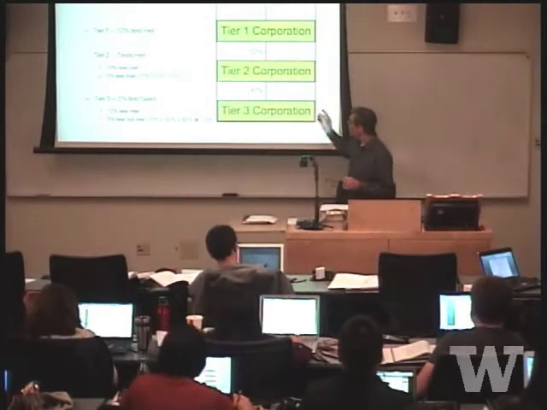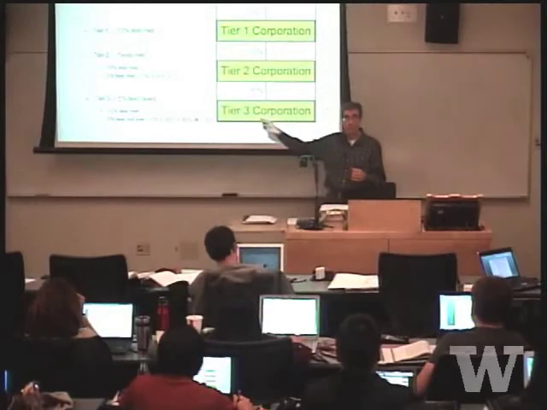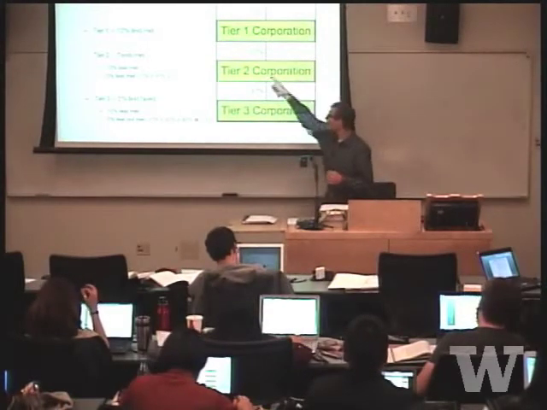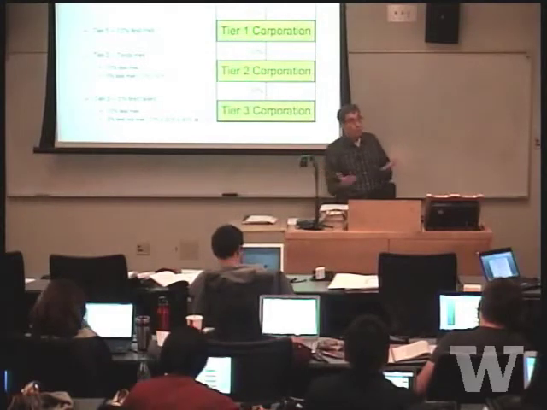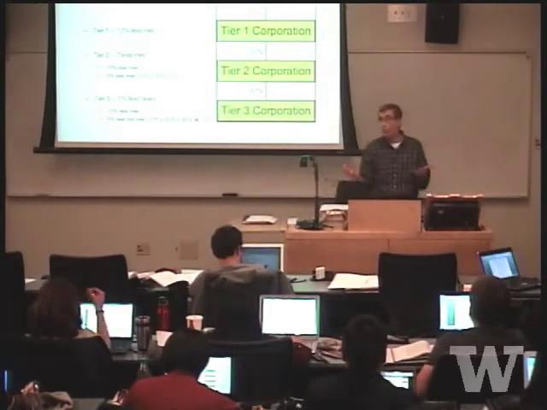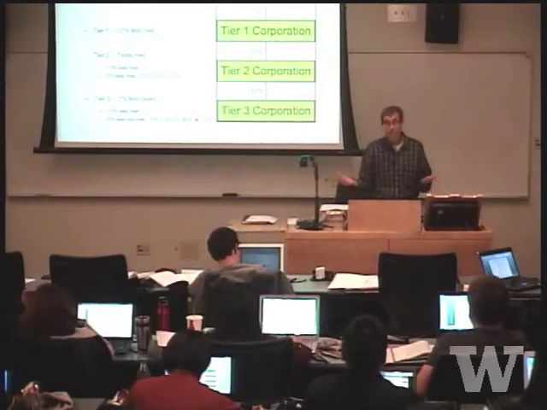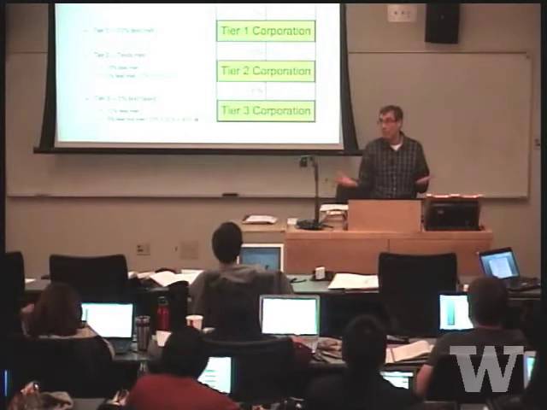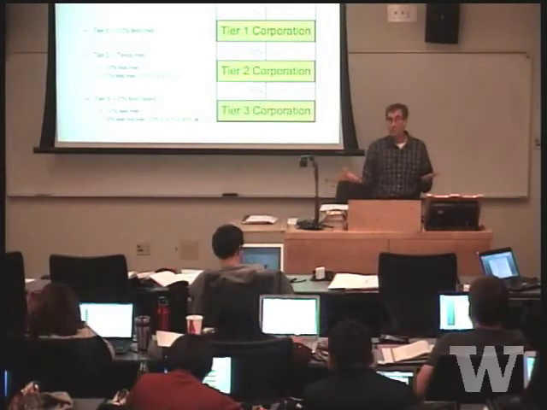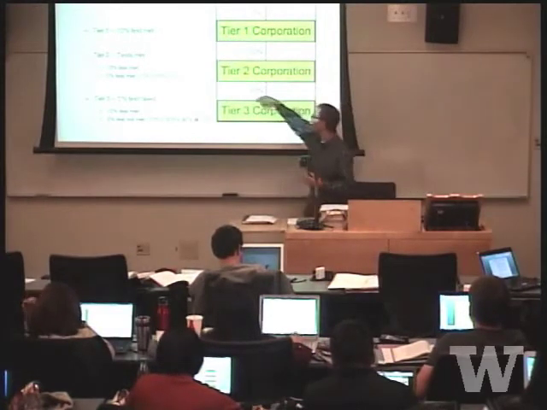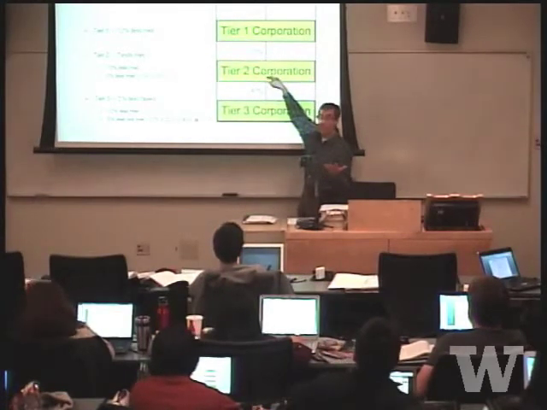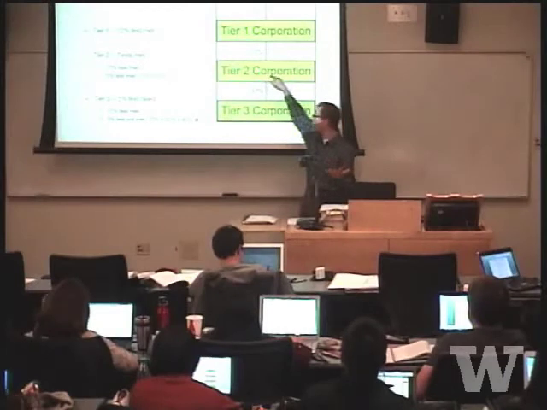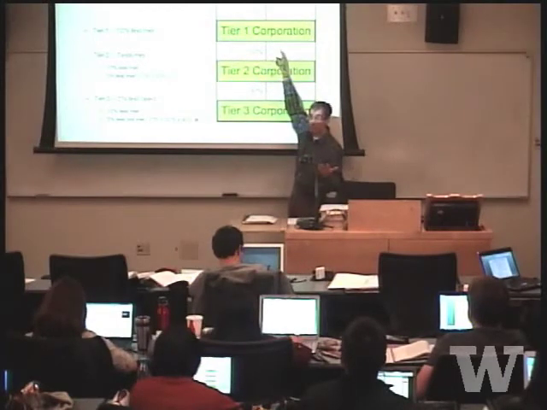And again, why are we looking at this? Because the Tier 3 corporation, the Tier 2 corporation, and the Tier 1 corporation are presumably in their countries of incorporation and operation conducting activities and paying income taxes in those countries. Each one may at some point in the future make a distribution, which is a dividend, to the next tier up.